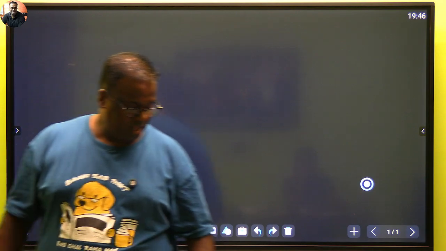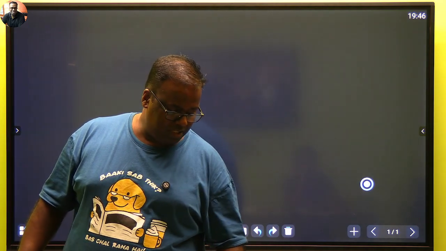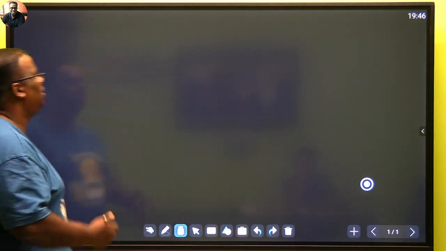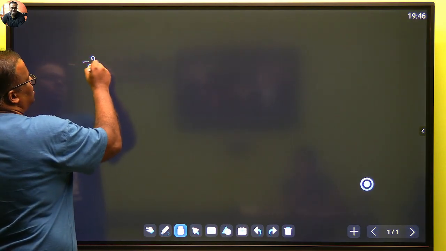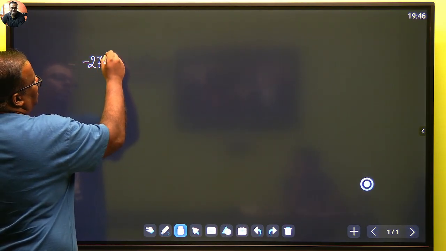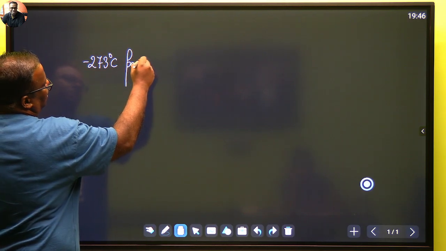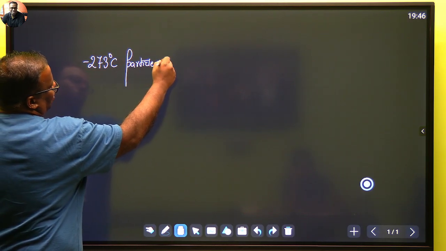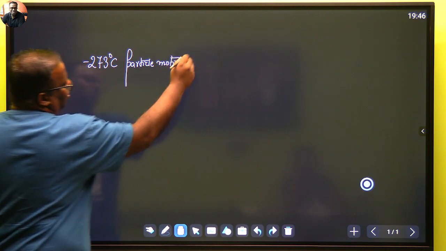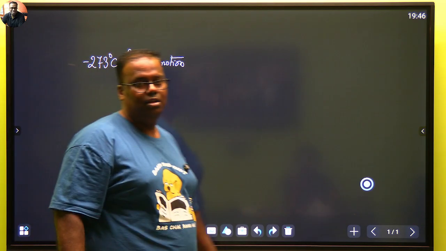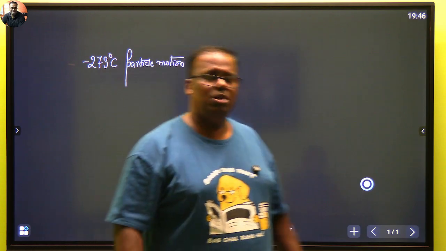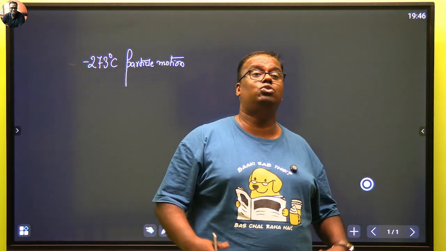So can somebody tell me what is the significance of a temperature of minus 273 degrees centigrade in terms of particle motion? What do you understand? There should be no kinetic energy, so the particles do not have any motion.